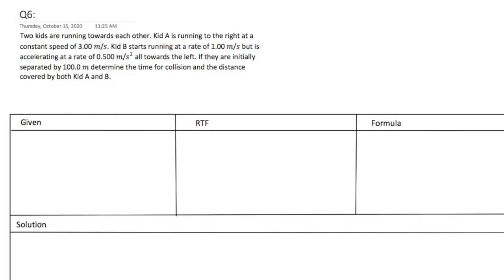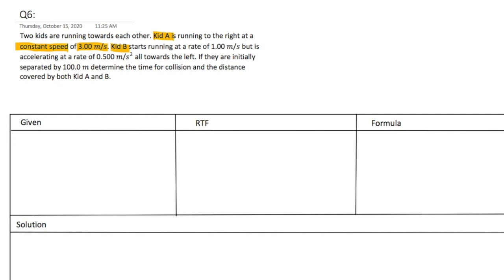Question 6. This question is very similar to a Tom and Phil type question, whereas we have both objects moving towards each other. Well, in this case, we have 2 kids that are running towards each other. Kid A is running to the right at a constant speed of 3 meters per second. This sounds a lot like the Tom and Phil question because Tom was also running at 3 meters per second.